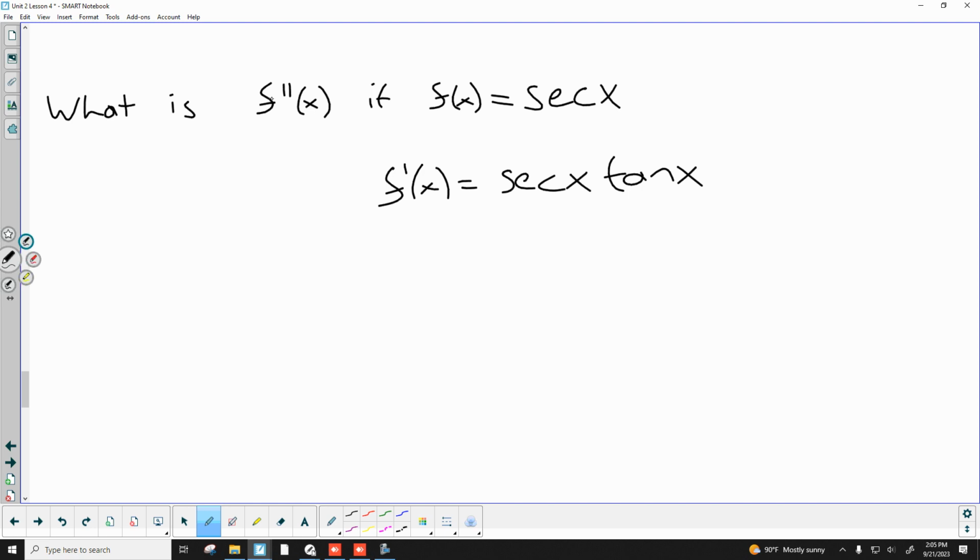Cool. Now I need to find the second derivative, the derivative of that. I love that idea that you wrote down, where you said, I need the slopes of secant. Yeah, that's great, but you have to do it. Very good. Good job.